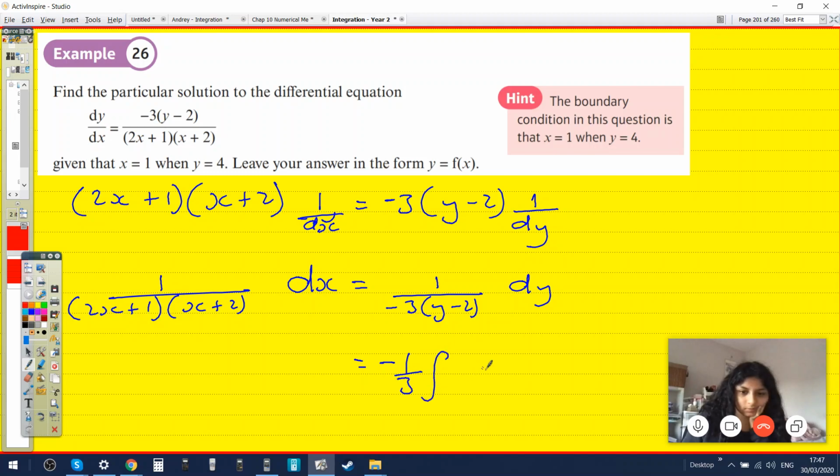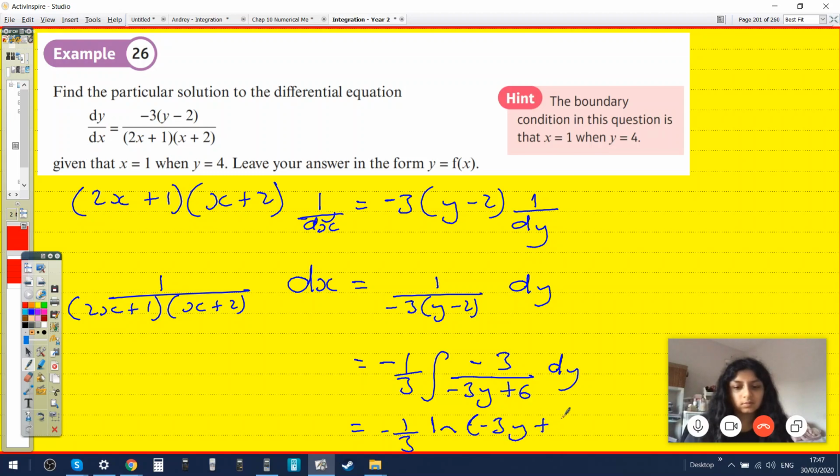Okay. Yeah, then you could just do ln. Then you just have minus 1/3 ln minus 3y plus 6 plus k.